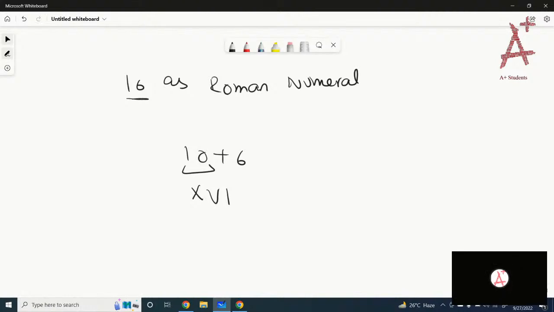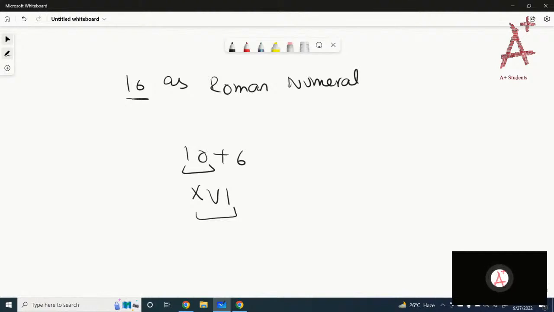It is 16. Okay, so it is XVI. Got it? Okay, let's select the correct option. So the correct option is the second one and click on the OK button.